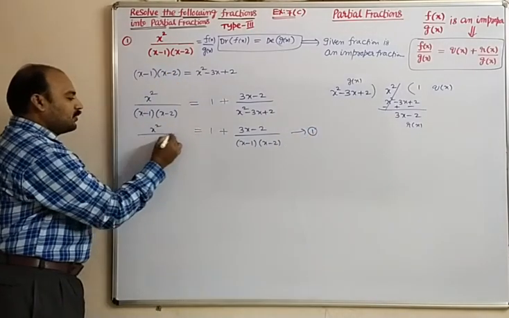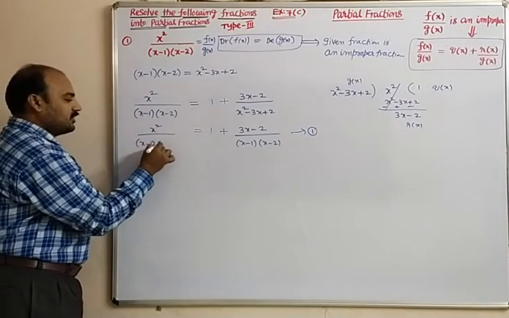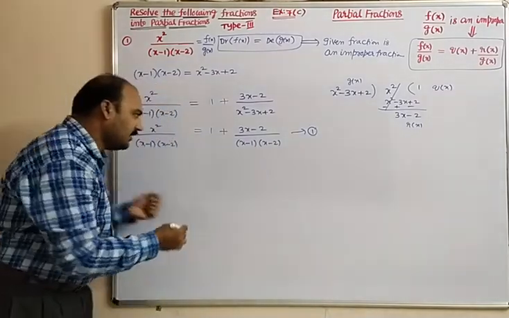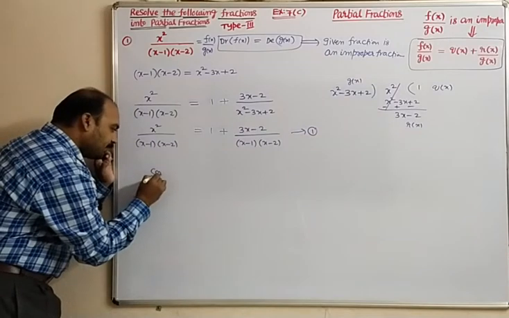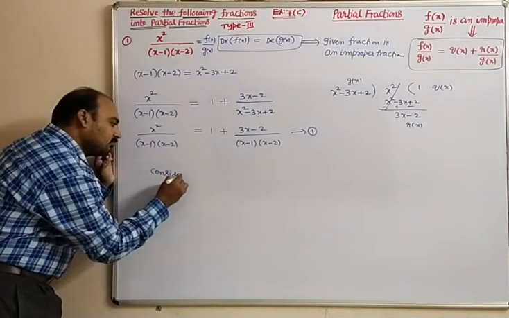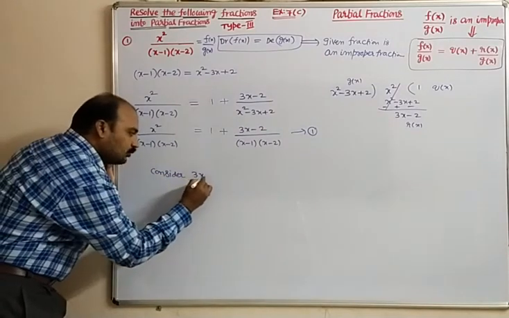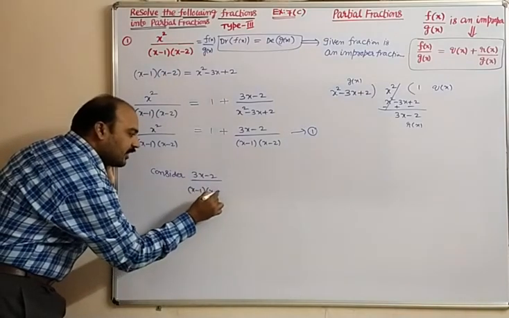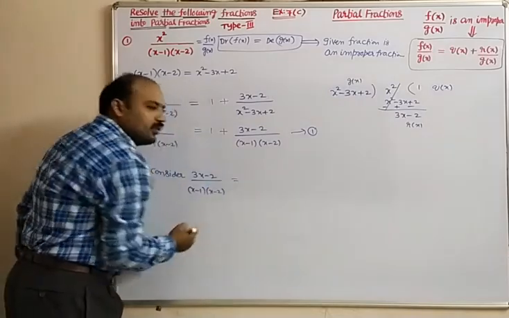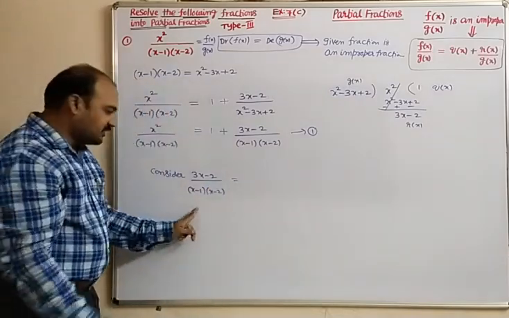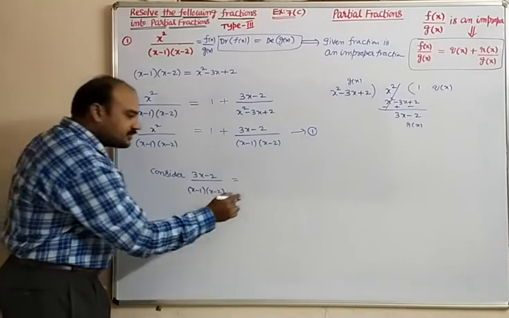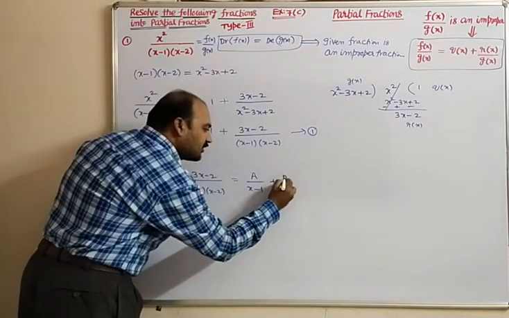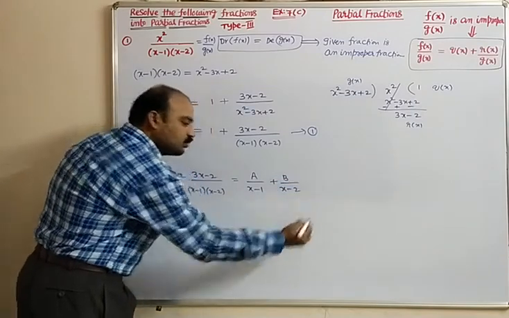After that, as in the usual procedure, we have the fraction in terms of a proper fraction. Again, consider 3x minus 2 whole divided by x minus 1 into x minus 2. We can express it in terms of partial fractions, as both are linear factors: capital A divided by x minus 1 plus capital B divided by x minus 2.